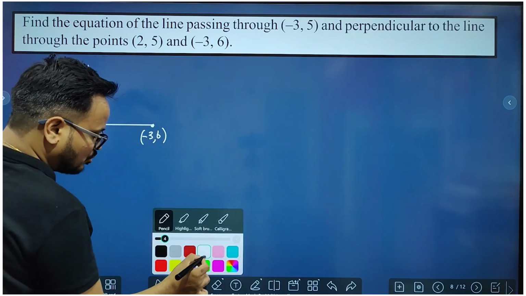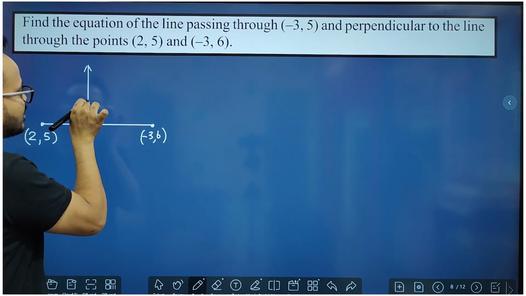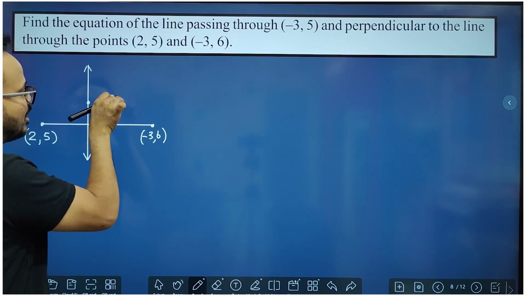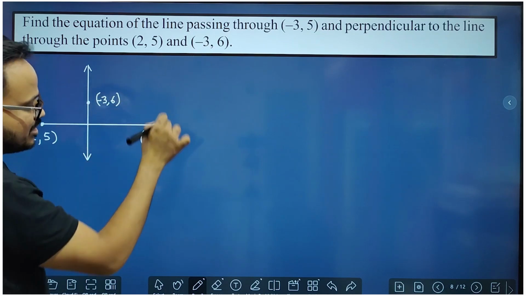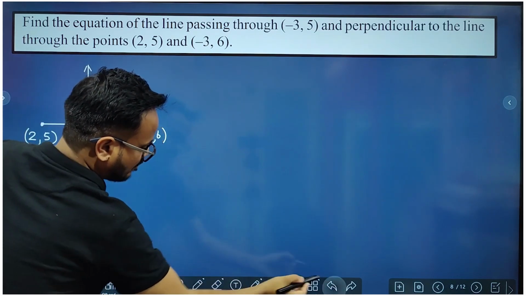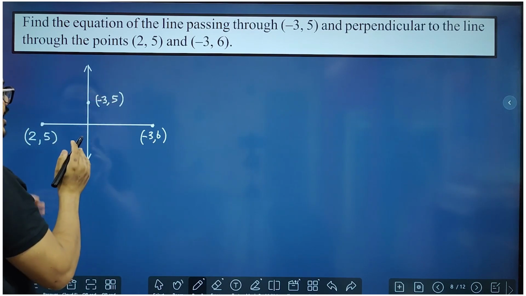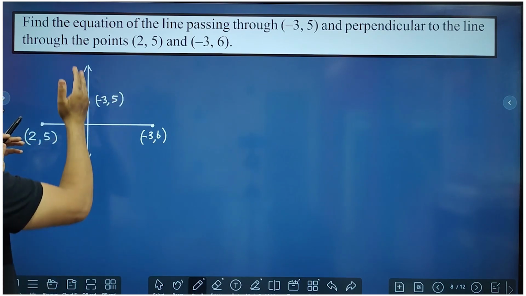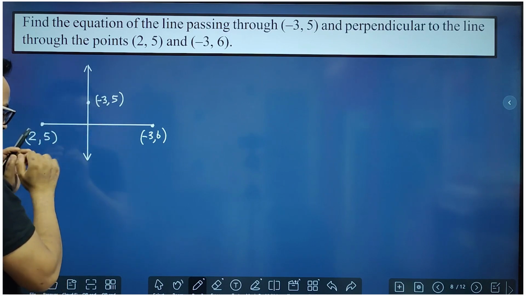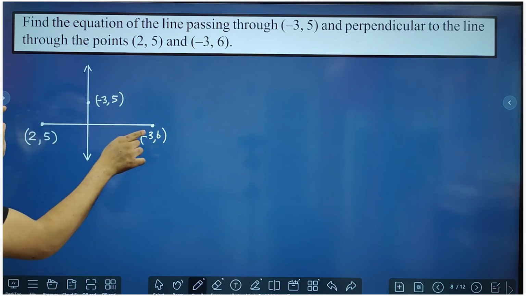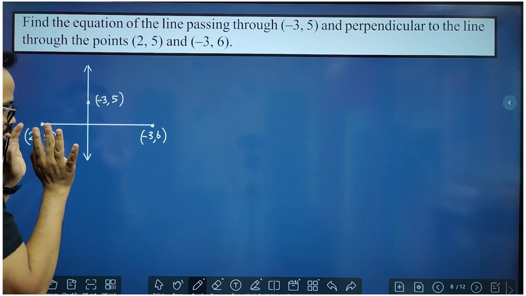This line is passing through this point which is -3,5. We have to find the equation of this line which is passing through minus 3 comma 5, and it is perpendicular to this line, which is joining these 2 points.